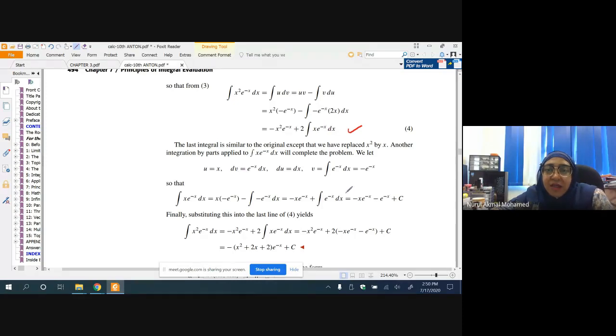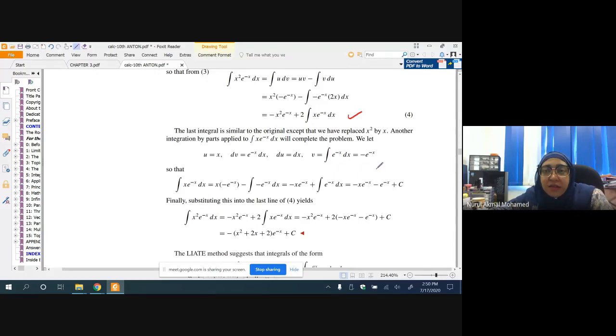Once you apply integration by parts on this integral, what we have is this solution here.